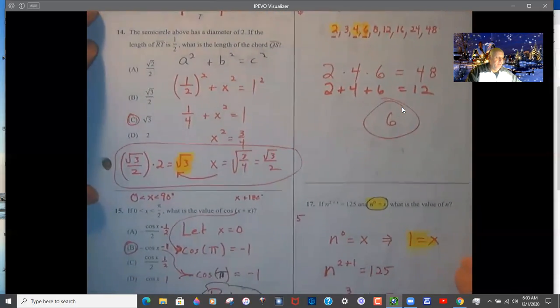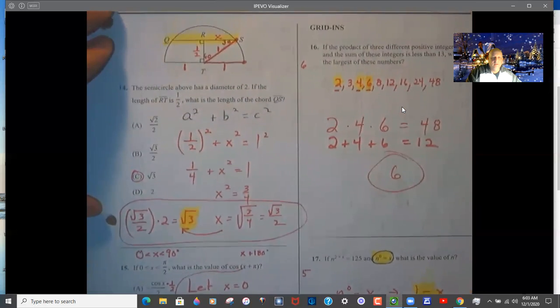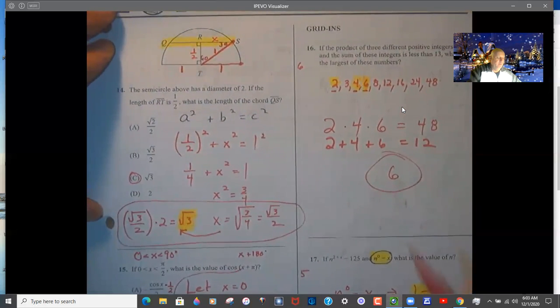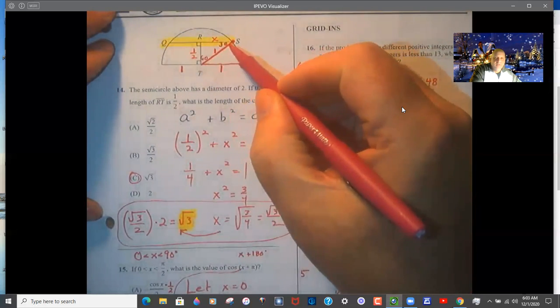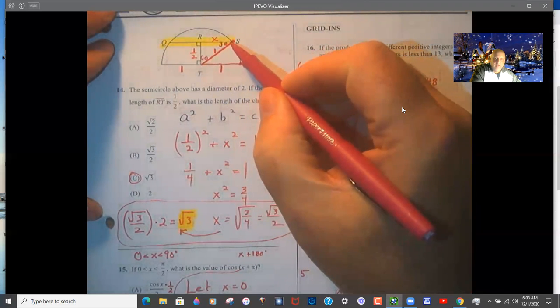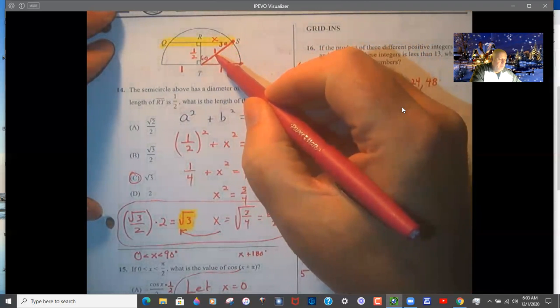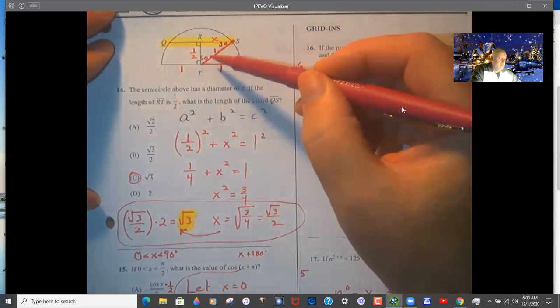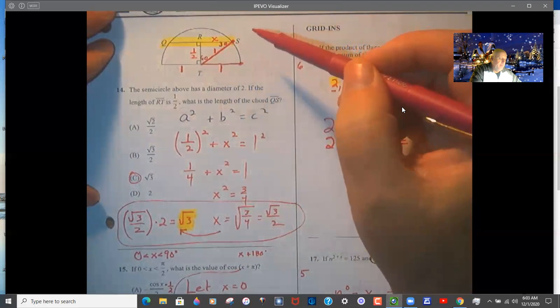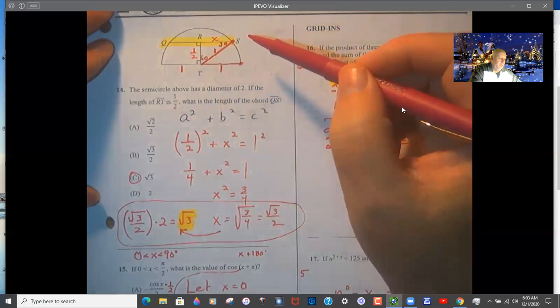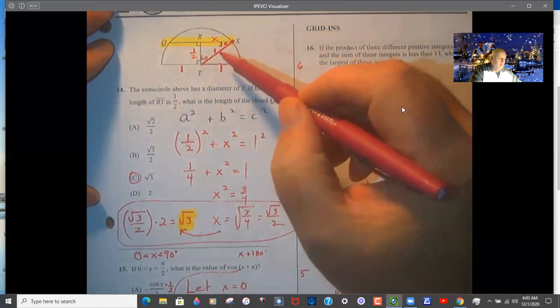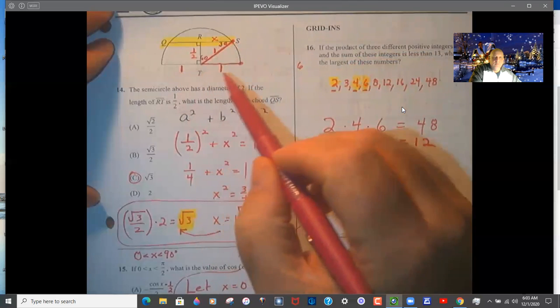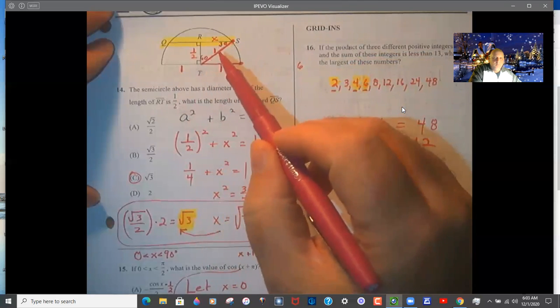Problem 14. So we are confronted here with drawing this segment in, which would be another radius of 1. And this would produce a 30, 60, 90 right triangle. Okay, and so how do we know that? Because the diameter is 2. So we know this is 1.